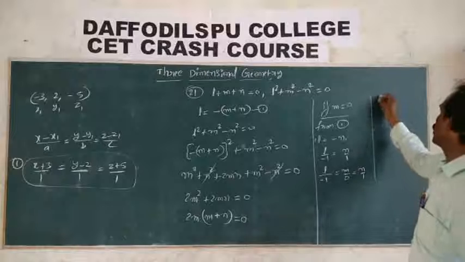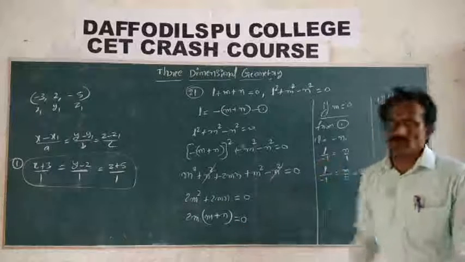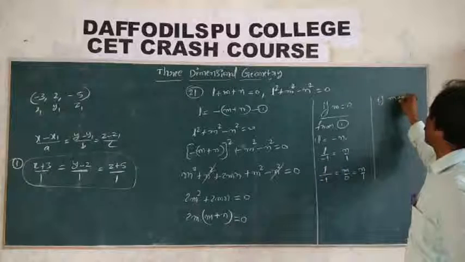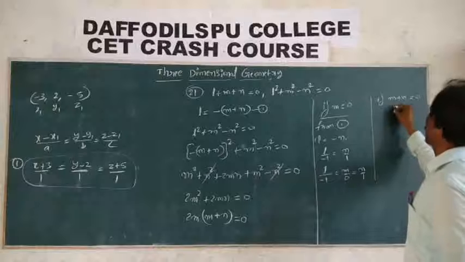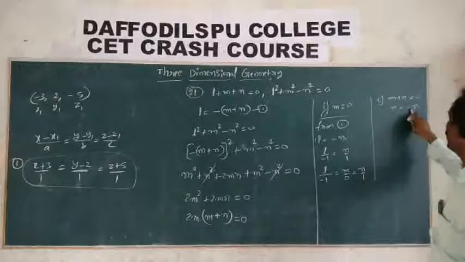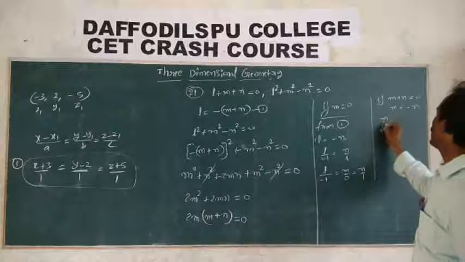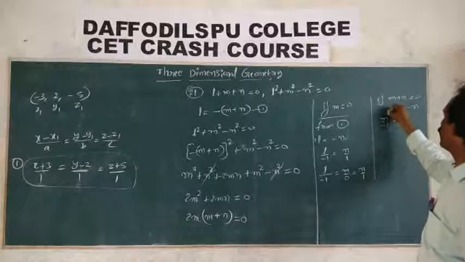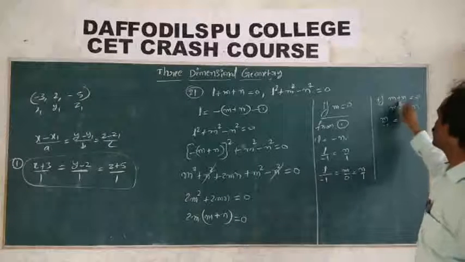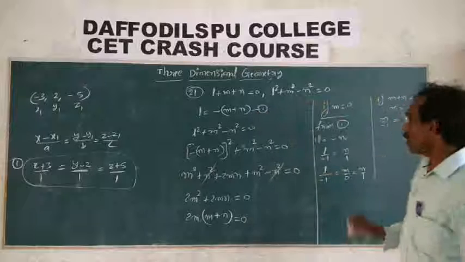Right. Now next case, this one. M plus n is equal to 0. M is equal to minus 1. Here also n quotient minus 1, that implies m by minus 1. M quotient 1. Therefore n by 1. So m plus n substitute in 1.